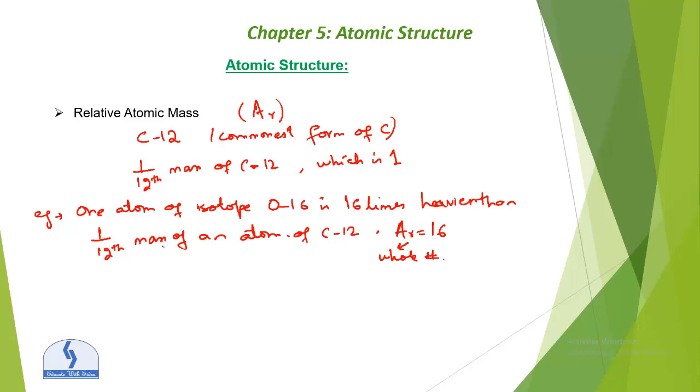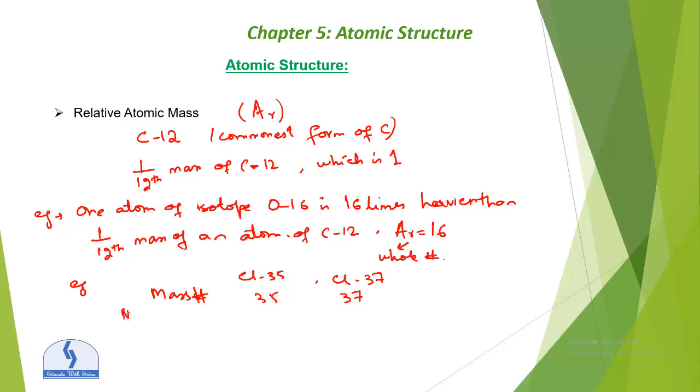Natural abundance applies when there is a mixture of two or more isotopes. An example is chlorine-35 and chlorine-37.